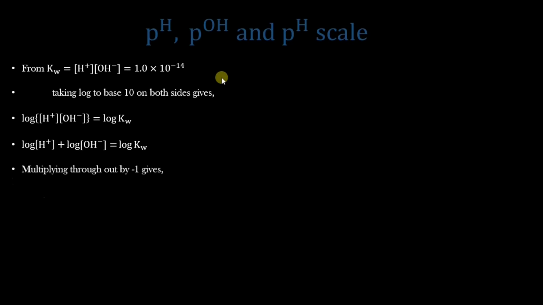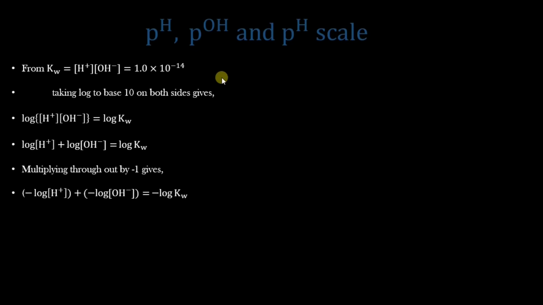Then if we multiply throughout the equation by -1, that will not change the meaning of the equation. We come up with negative logarithm to base 10 of the molar concentration of hydrogen ions plus negative logarithm to base 10 of the molar concentration of hydroxyl ions, which equals negative logarithm to base 10 of Kw.